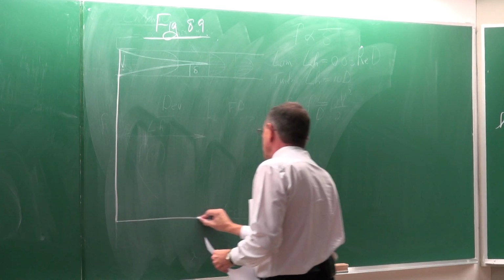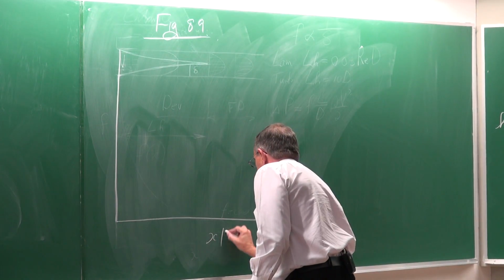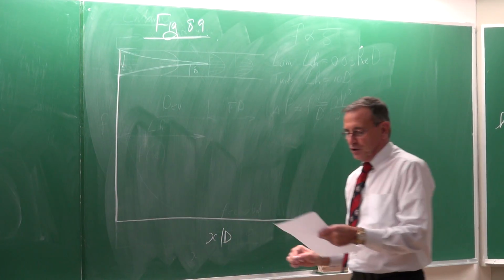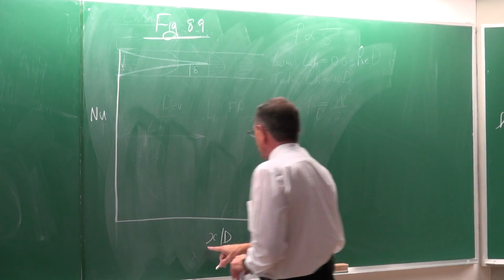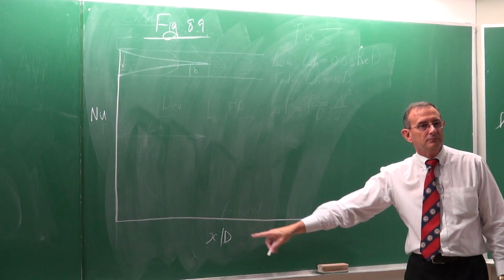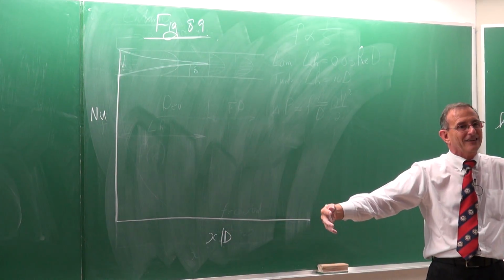It introduces a very important concept, where it looks at the Nusselt numbers as a function of x divided by d. X divided by d is just a non-dimensionalized length.